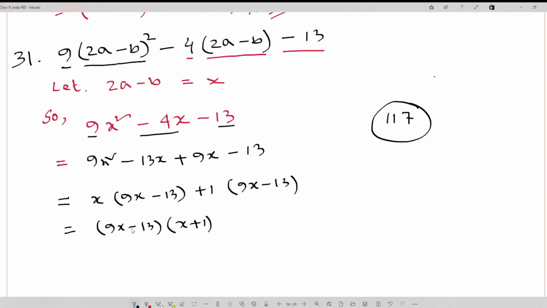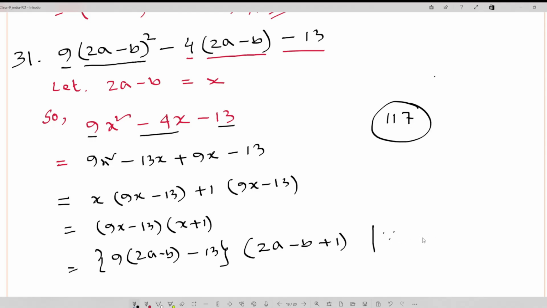Now we put x equals to, we know 2a minus 4b, so we can write like this: 9, here instead of x we can write 2a minus b, then minus 13, again we can write here 2a minus b, then plus 1, because 2a minus b equals 13.